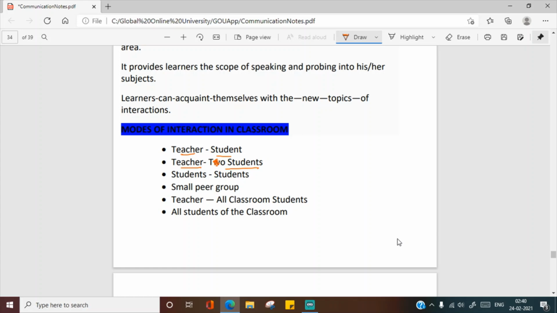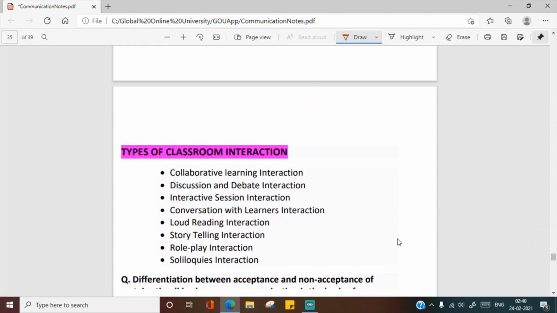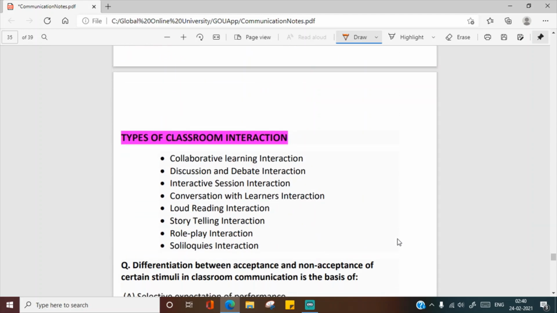Student to student, this is a peer communication when two students interact with each other. Small peer group means more than two students communicating in a communication process. Teacher to all classroom students and all students of the classroom. So these are different types of classroom interaction.